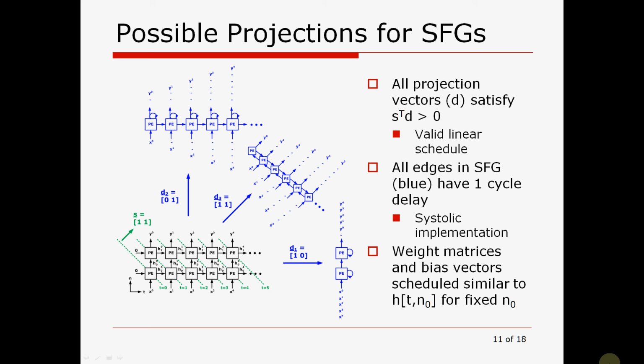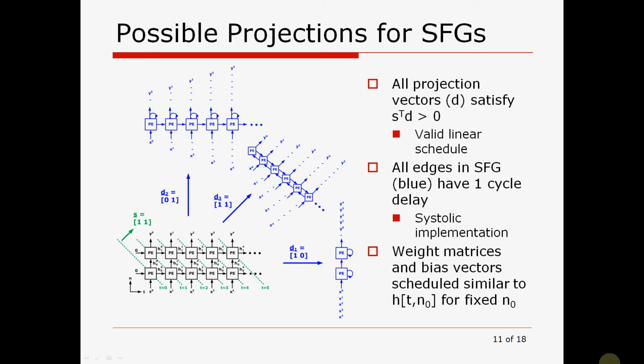If we project, for example, with d2 equals 0, 1, so the projection vector is normal to the time axis, or d3 equals 1, 1, so the projection vector still has some component along the t-axis, then that unboundedness in the time axis shows up in our projections as well.